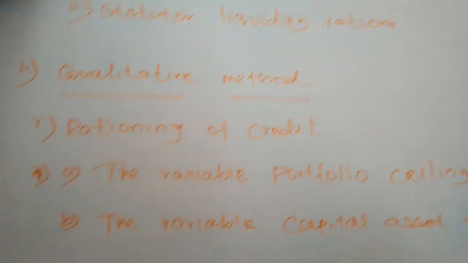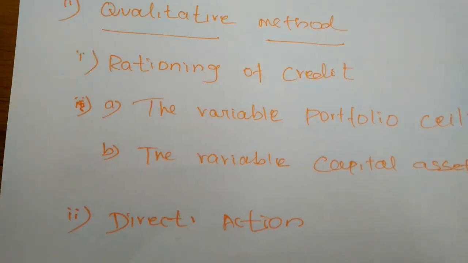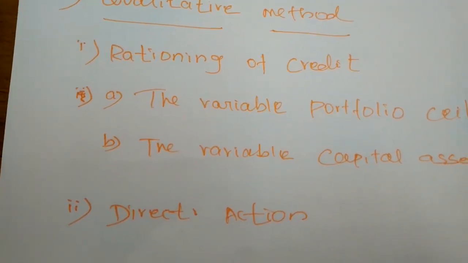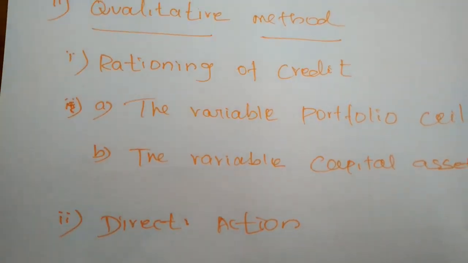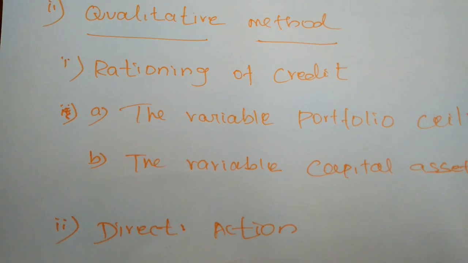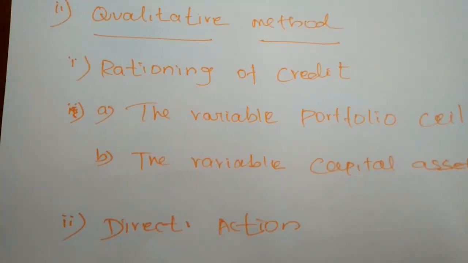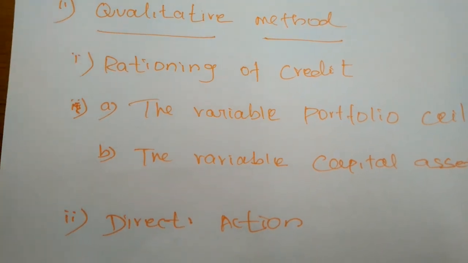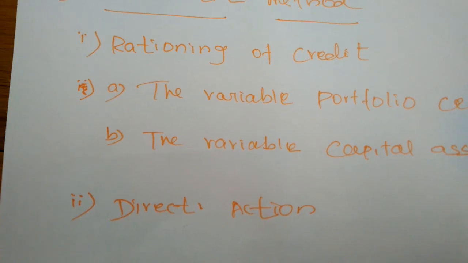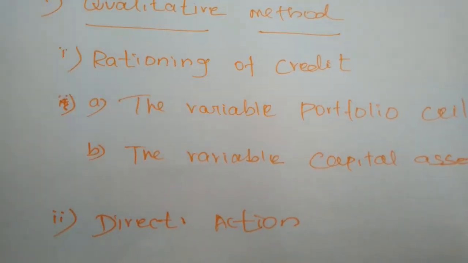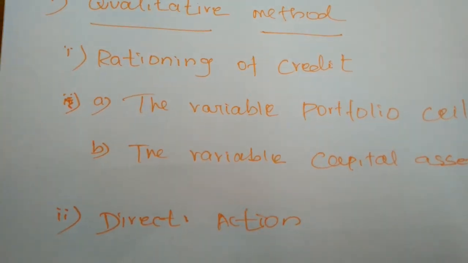Next, qualitative method. The qualitative or selective methods are directed towards the diversion of credit into particular resources or channels in the economy. By handling some of these methods, the Reserve Bank of India will be controlling the credit facilities, so that the credit facilities will be converted into useful things.